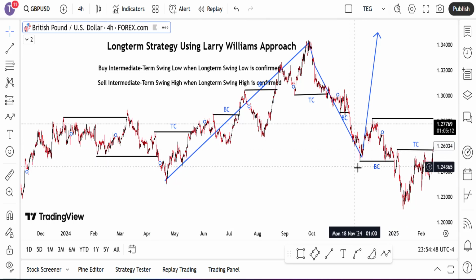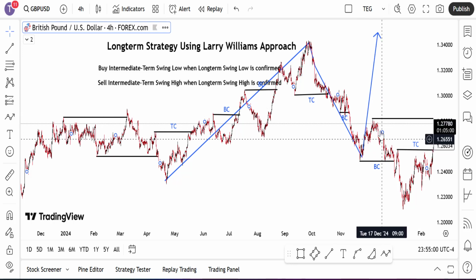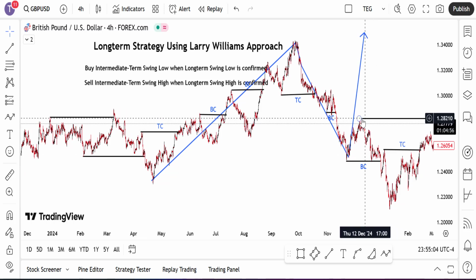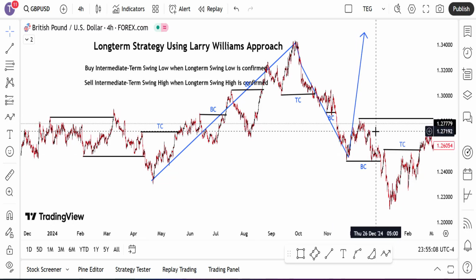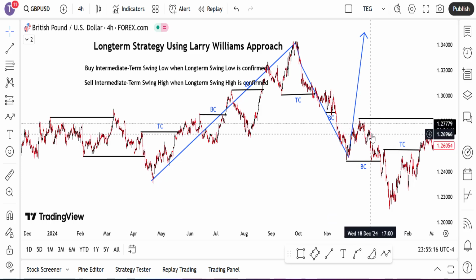So if it becomes a long-term swing low, remember this becomes a long-term swing high. So you understand what I'm saying? Or you can call it intermittent swing high, depends on how you want to call it. But however, according to my approach using Larian's concept, this is a long-term swing high.